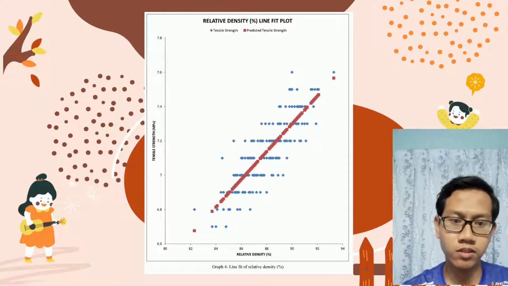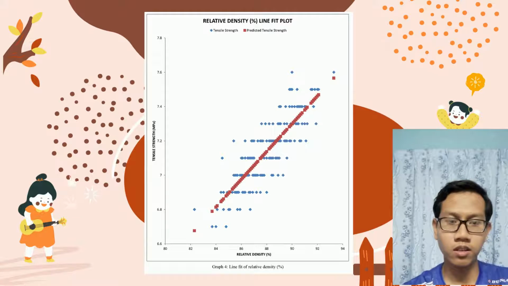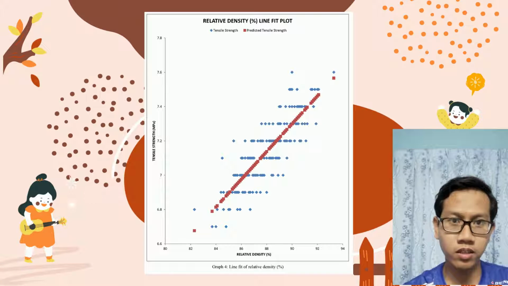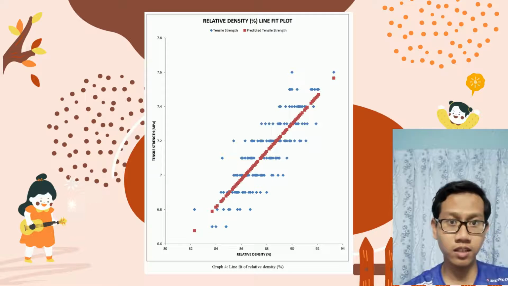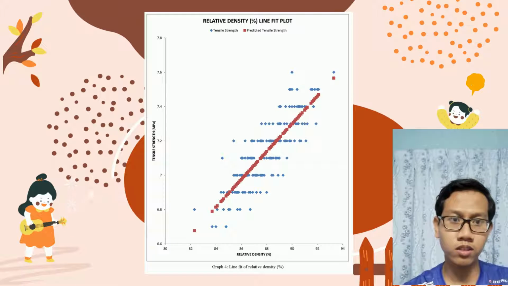From graph 4, which is the line fit of relative density, we can see that the predicted tensile strength is in a linear graph, so we may use the linear equation that we had obtained before.